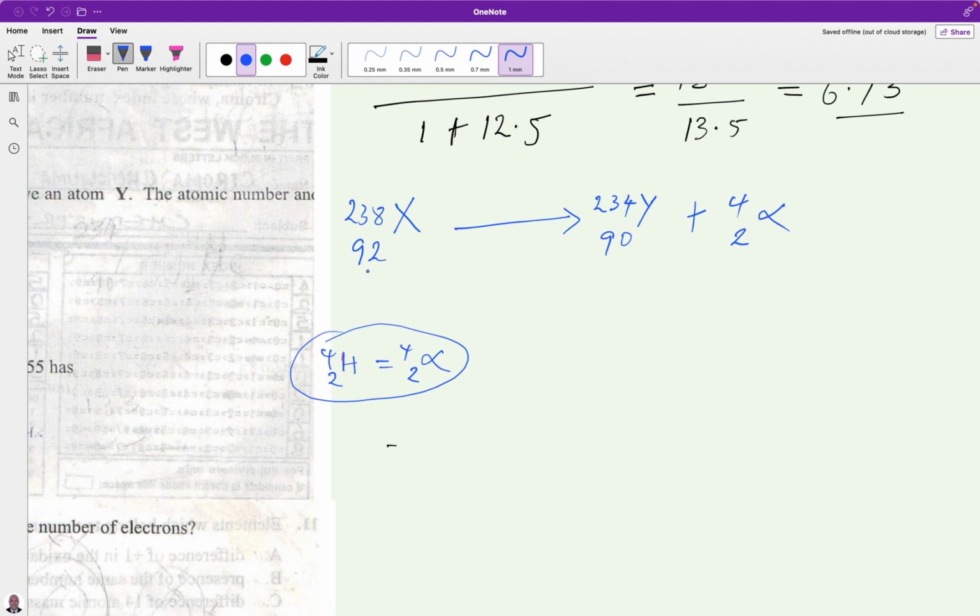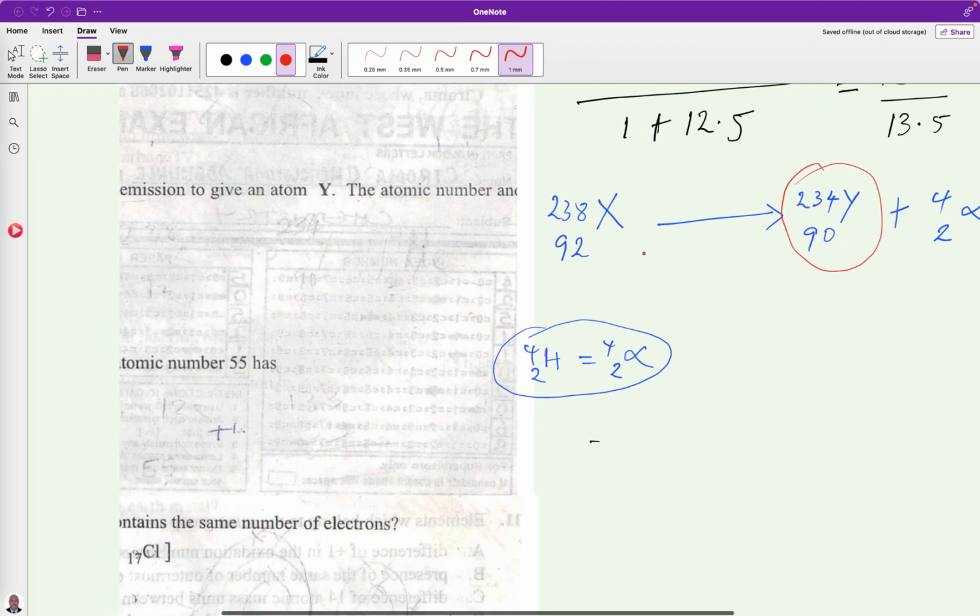Then 92, the proton number, is going to change by 2. So 92 minus 2, we will have 90. So the particle that is going to be left will be our product after undergoing alpha particle emission: 234, 90.